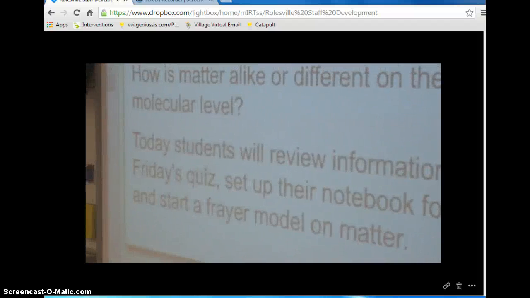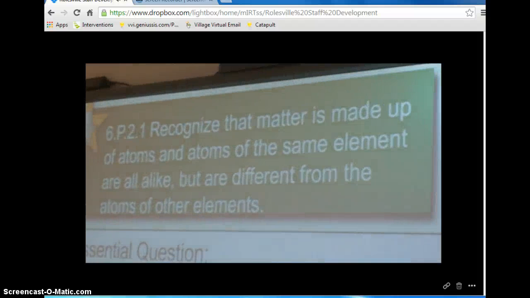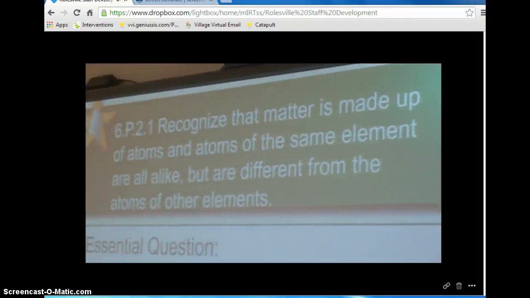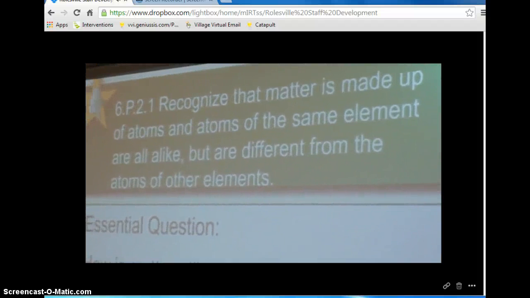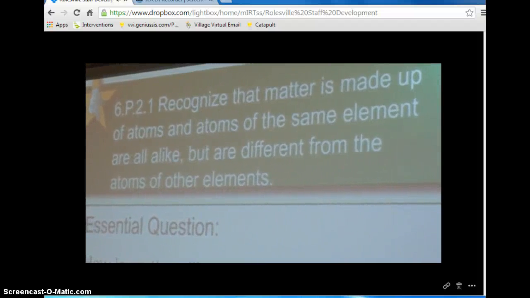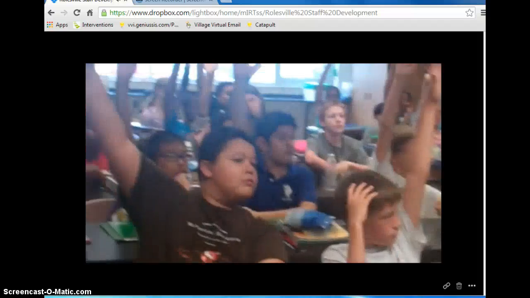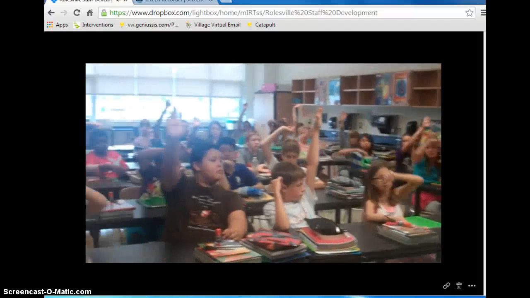Okay, look at that objective again and see if you can find 3 sciencey words in that objective. Look for them and say them in your head. 3. Okay, raise your hand if you think you have 3. Ooh, look at all those hands. Very good. 3 sciencey words. Okay, Sean, you try.